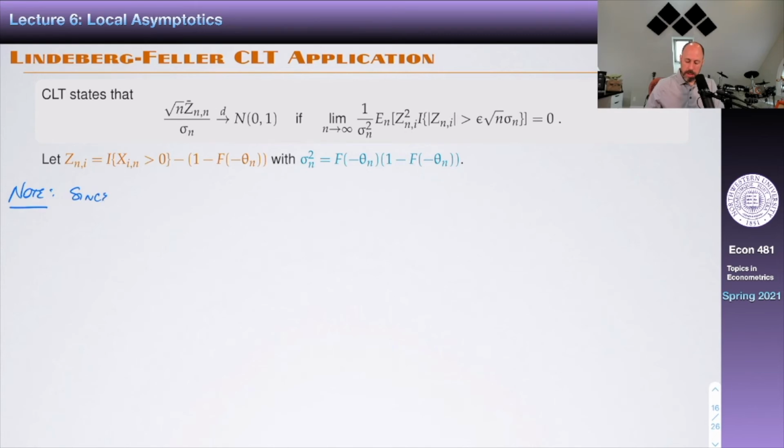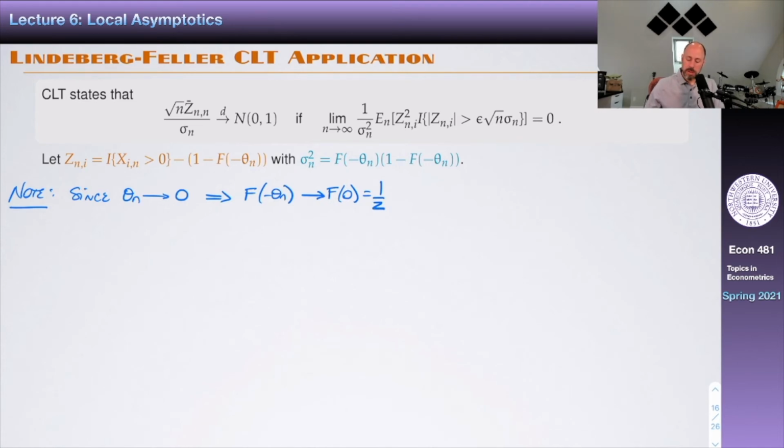Since the sequence theta n is converging to 0, we have that F of negative theta n converges to F of 0, which is a half.